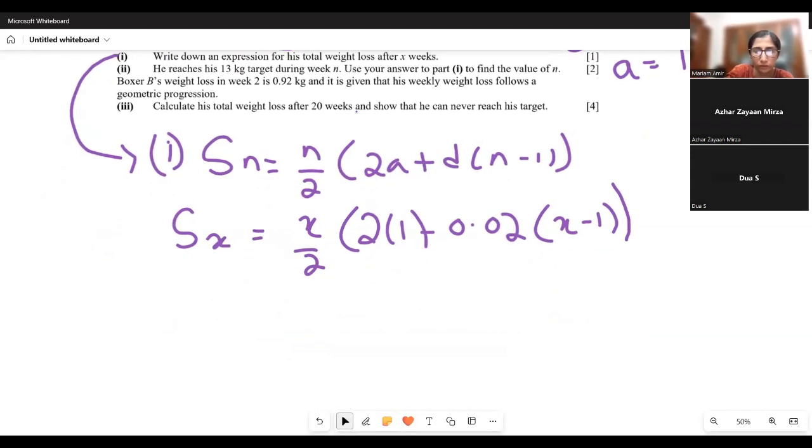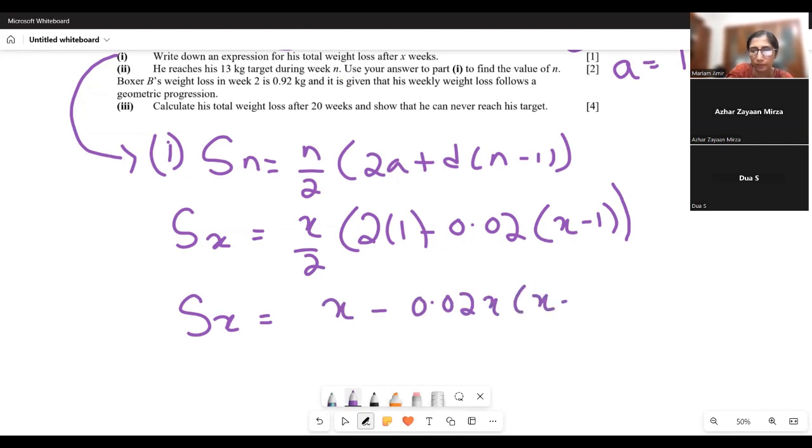So then what expression do we get for Sx? We get x minus 0.02 x times x minus 1. So we have x minus 0.02 x squared plus 0.02 x.